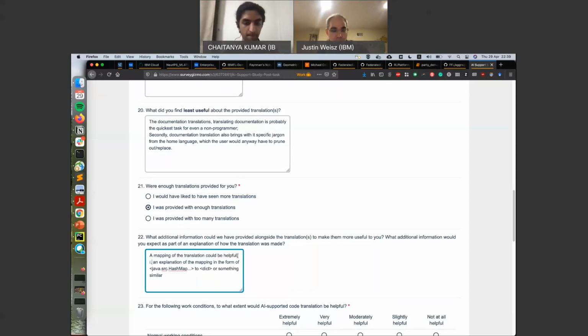So when you say mapping, you mean, like, here's how we mapped between this Java type to this Python type? Yes. Okay. Or this constructor. It could also be for control constructs like loops and stuff. Do you imagine that as being more like a visualization kind of thing?